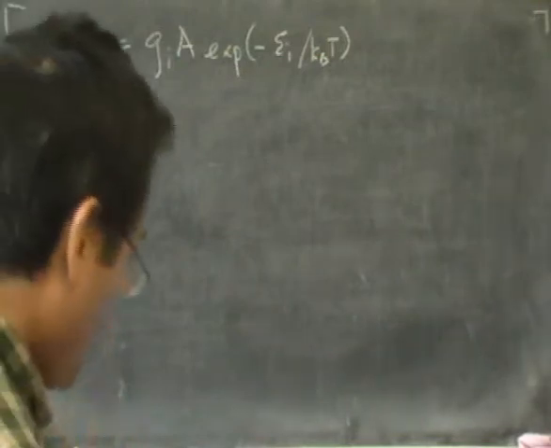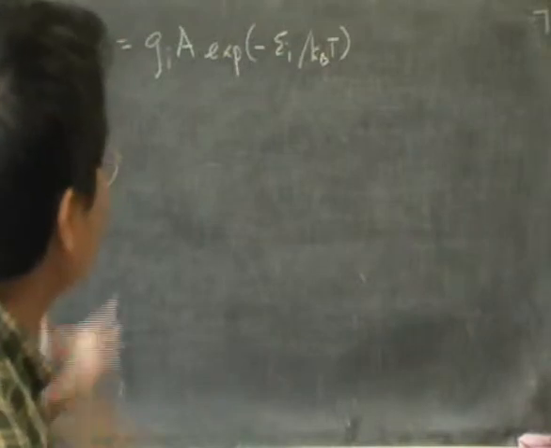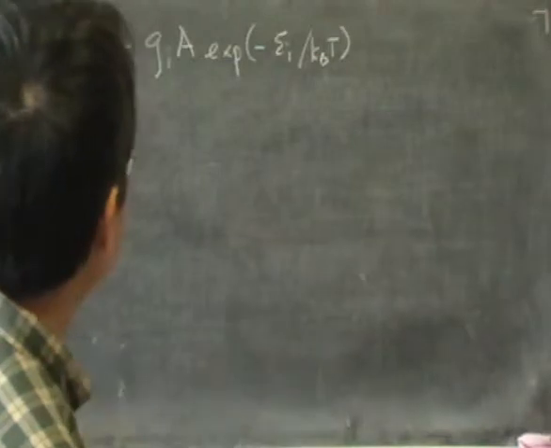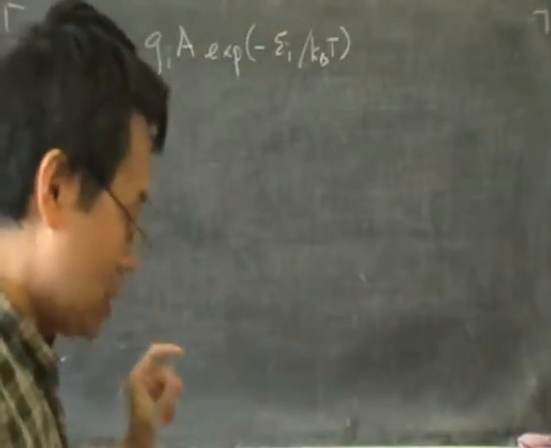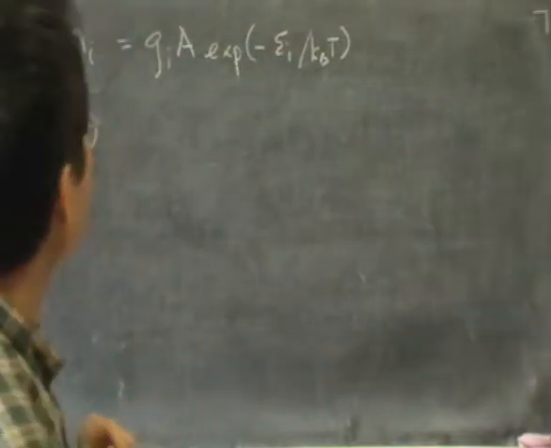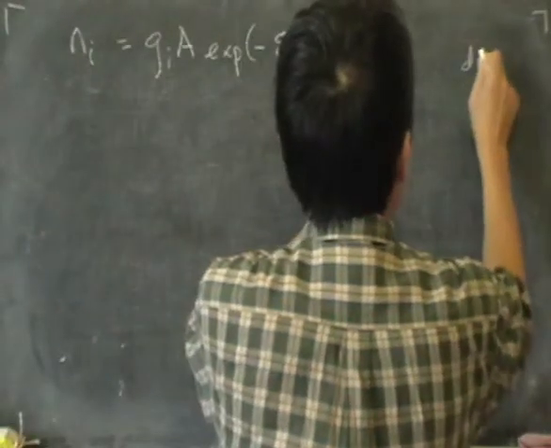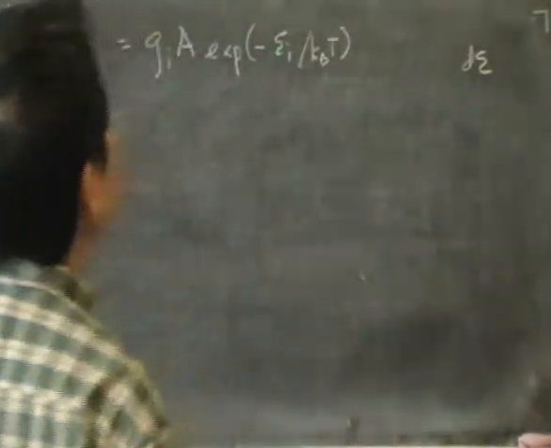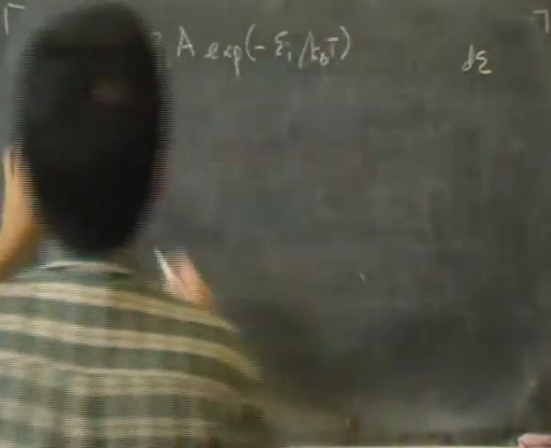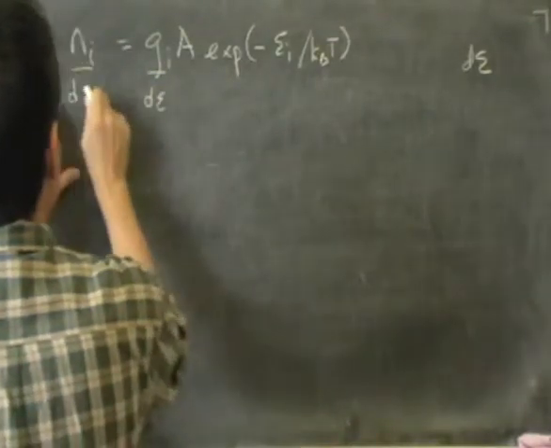Now I'm going to put it in a form that is easier to work with. If you recall, the Ni there is the number of particles in the energy interval d epsilon. So what I'm going to do now is divide both sides by d epsilon.